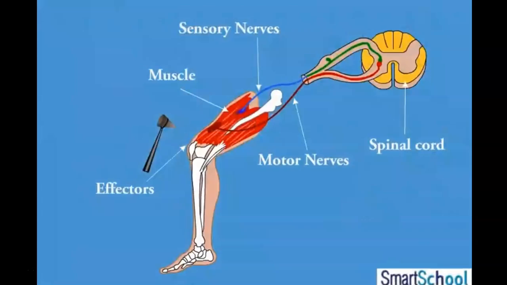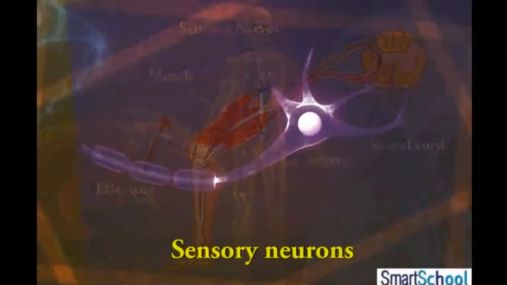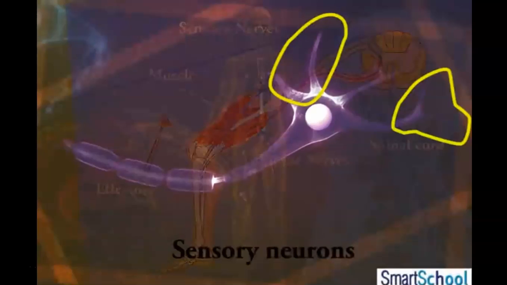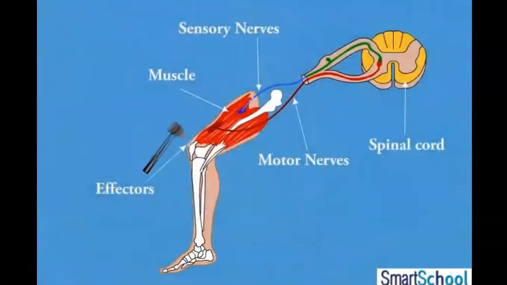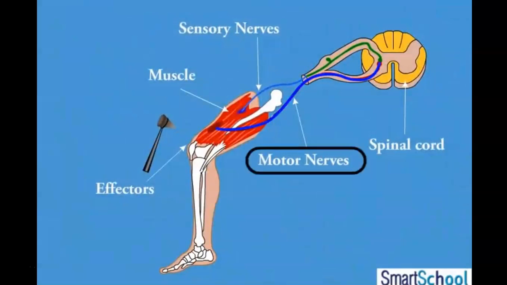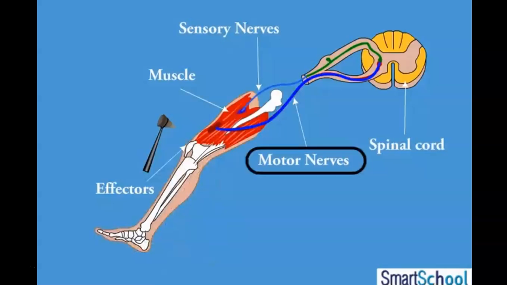In reflex action, fine tips, that is dendrites of receptors, that is sensory neurons, quickly relay a message in the form of electric impulse via sensory nerves to the spinal cord. The spinal cord then sends information, impulse, via motor nerves to effectors, that is muscles or glands.